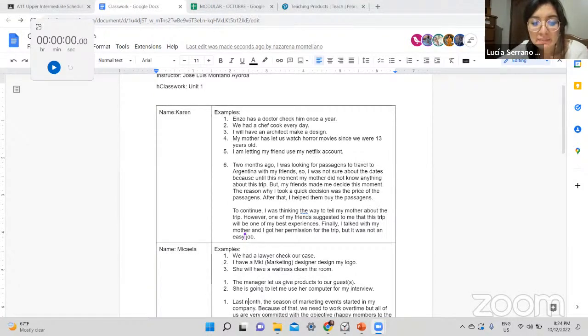After that, I helped them buy the passages. To continue, I was thinking the way to tell my mother about the trip. However, one of my friends suggests to me that this trip will be one of my best experiences. Finally, I talked with my mother and I got her permission for the trip, but it was not an easy job. Thank you very much, Lucia.